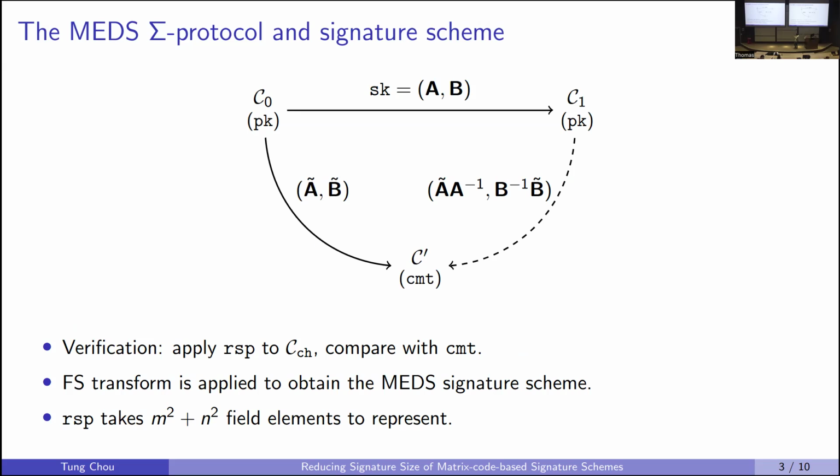The verifier just applies the response to either C0 or C1, depending on which challenge it is, and compares the result with the commitment. As you can imagine, the Fiat-Shamir transform is applied to obtain the final signature scheme. Now you can see the response size is apparently n squared plus n squared field elements.